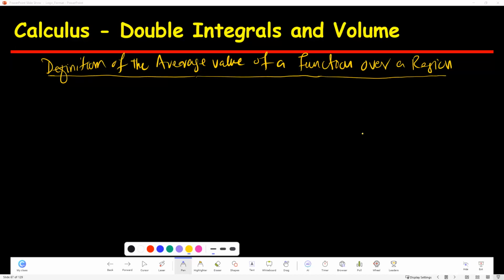How does it work? Let's suppose I have a random shape and I ask you to calculate the volume under it. You're basically calculating over this region R, the volume of this solid.